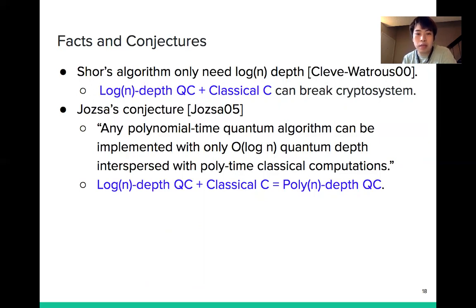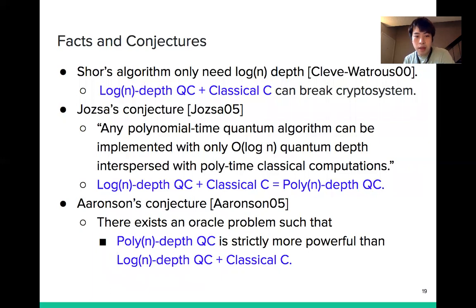So it implies that a log-n depth quantum computer plus a classical computer is equivalent to a poly-n depth quantum computer. After that, Scott Aaronson conjectured that there exists an oracle problem such that a poly-n depth quantum computer is strictly more powerful than a log-n depth quantum computer plus a classical computer.